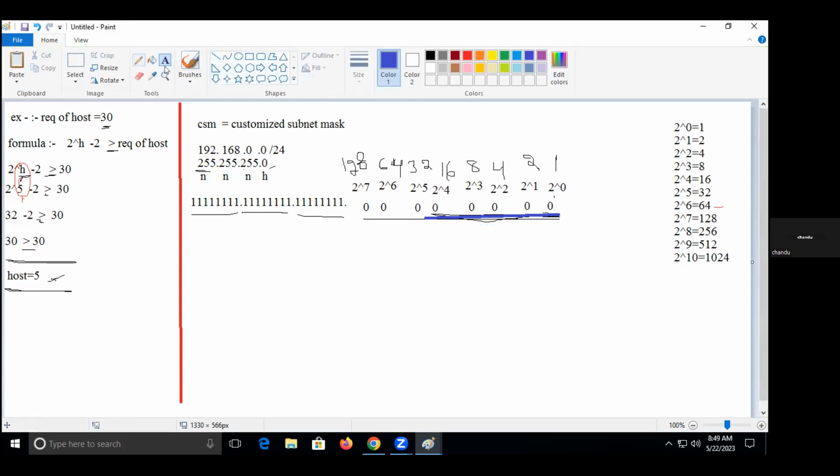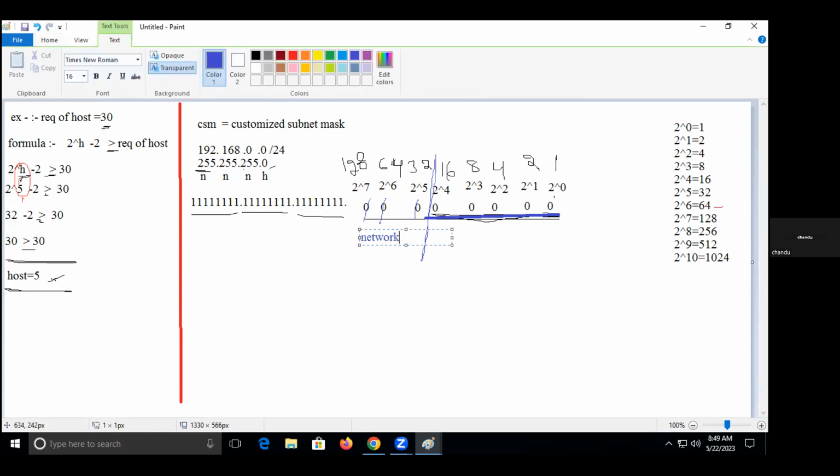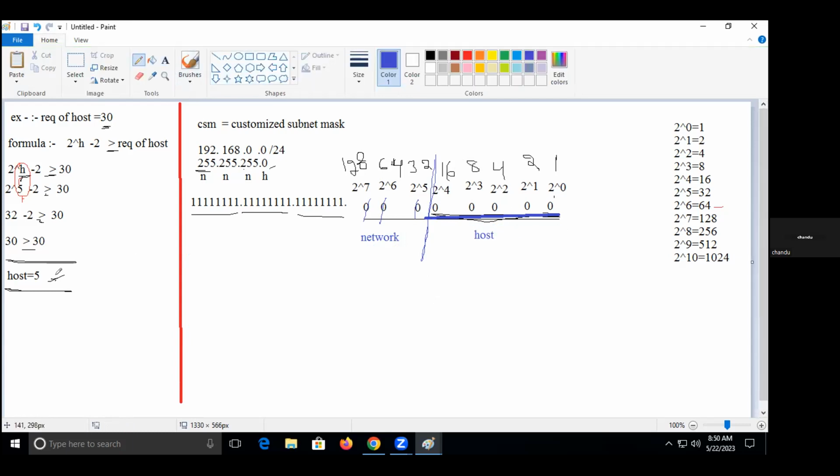But the next 3 host bits are going to be converted into network bits. The next 3 are network and these are the host. Why only 5 host bits? Because my requirement of hosts, for the link, gave 5.